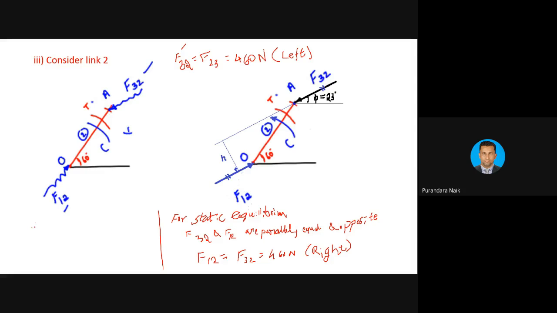Couple formed by F12 and F32 is given by C is equal to F12 into H is equal to F32 into H. Whatever it may be, because both are equal and opposite, right?